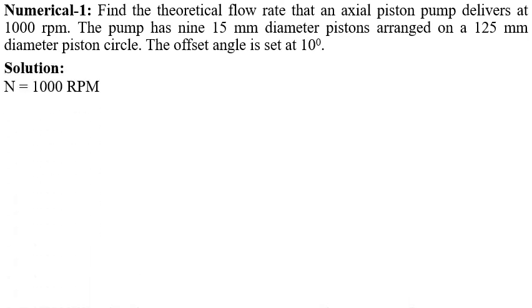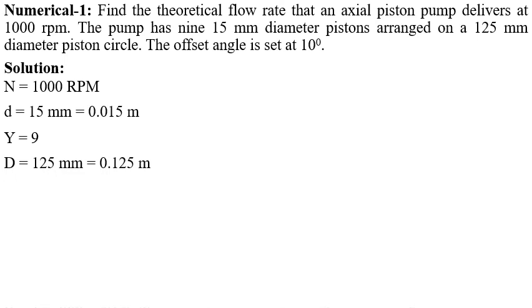First write down the data given in the numerical. N speed 1000 rpm, small d diameter 15 millimeter, converted into meter 0.015 meter, Y the number of pistons. Here the pump has 9 pistons, Y equal to 9, capital D piston circle diameter 125 millimeter converted into meter, that is 0.125 meter, and area pi d square by 4, we will get 0.0122 meter square.